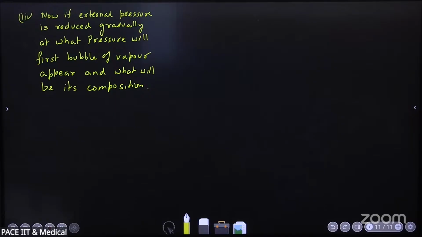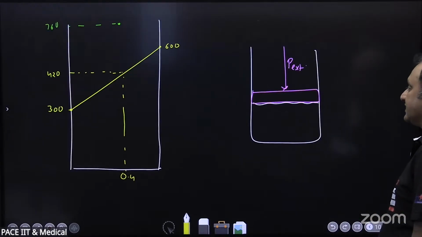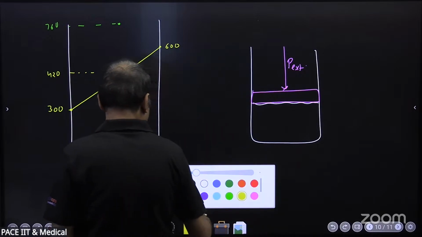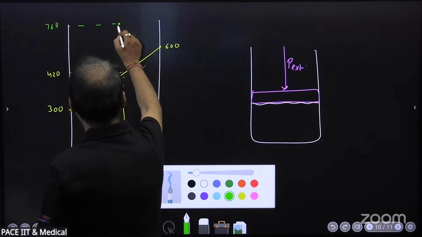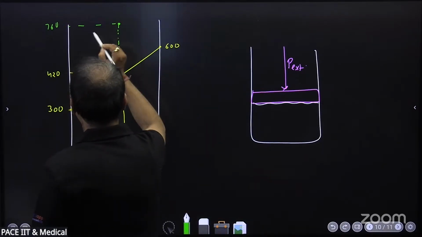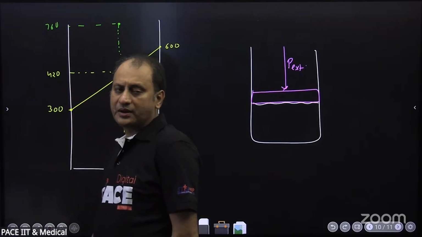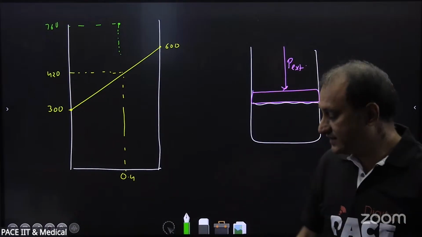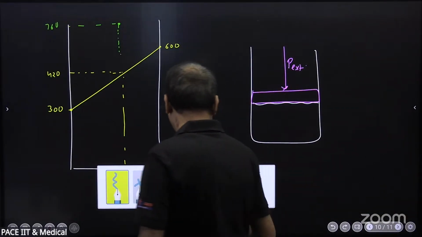So now the problem is asking that suppose we start decreasing this external pressure. As we decrease this external pressure, it means we start coming down this line. At what pressure will I see the first bubble of vapor?